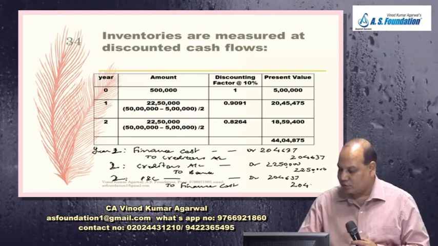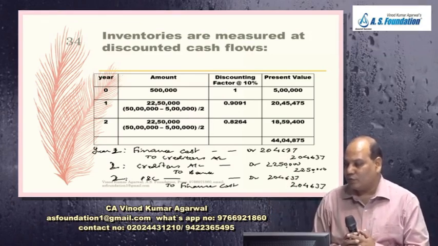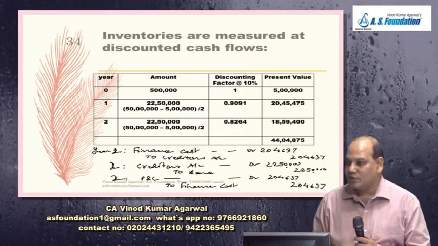Okay, just let me see whether you have done it correctly or not. Your creditor balance should become 0. What was the first figure you have taken? 44,04,875 minus 5 lakh plus the interest of the first year.